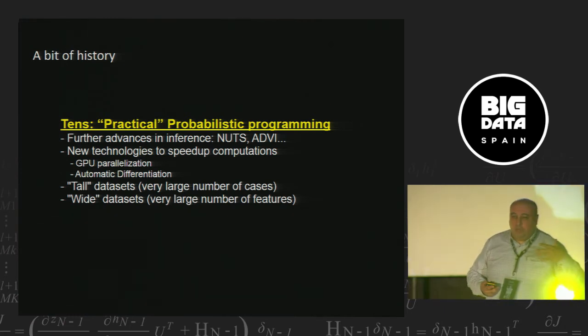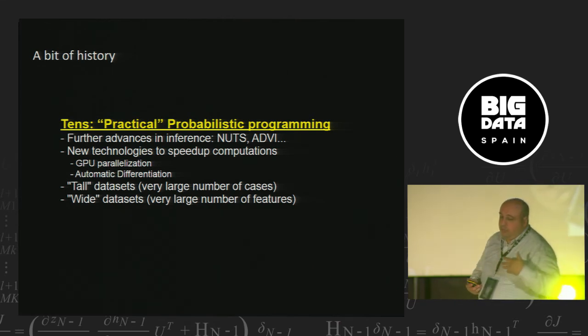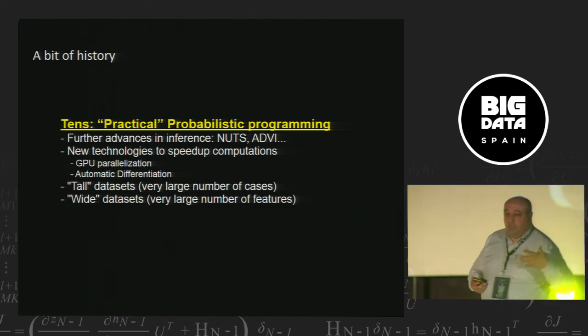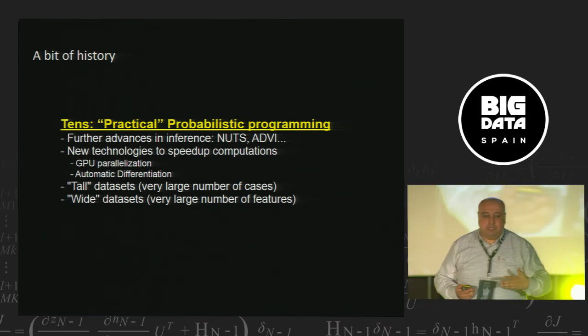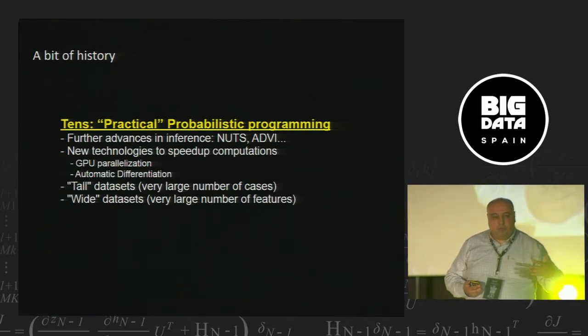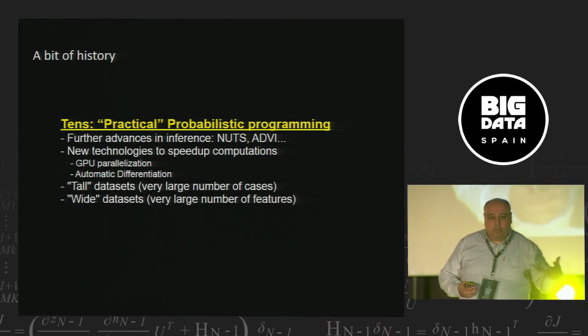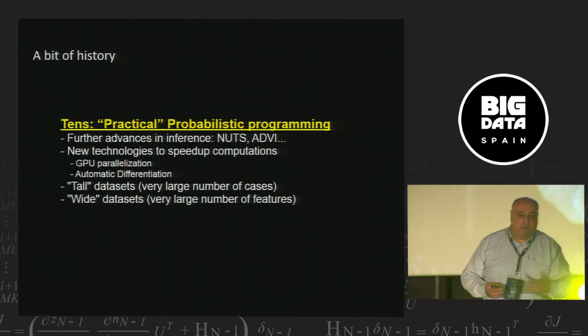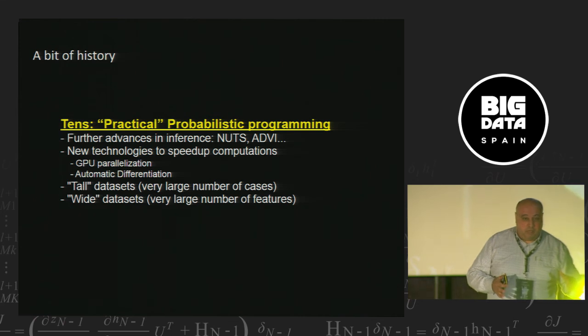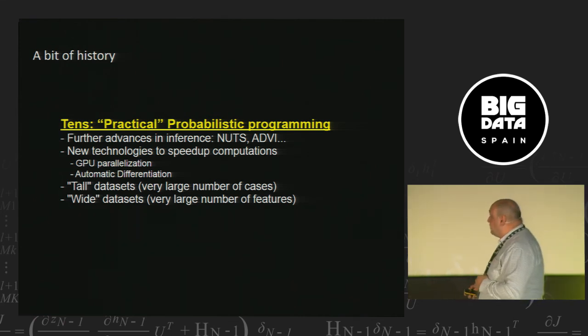We are now using GPUs, we're using automatic differentiation, we're using the same technological advances that have made neural networks so powerful lately and so popular. Well, those same advances, even the same libraries, even TensorFlow and whatnot, we're using the same ones to speed up our Bayesian models.